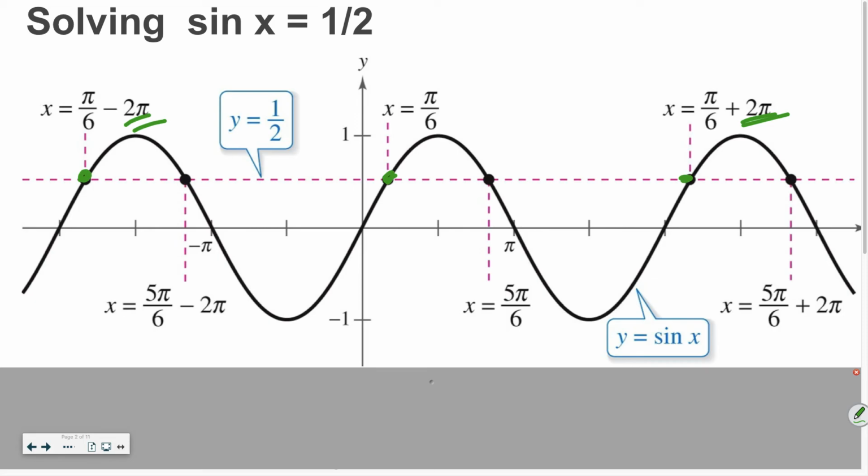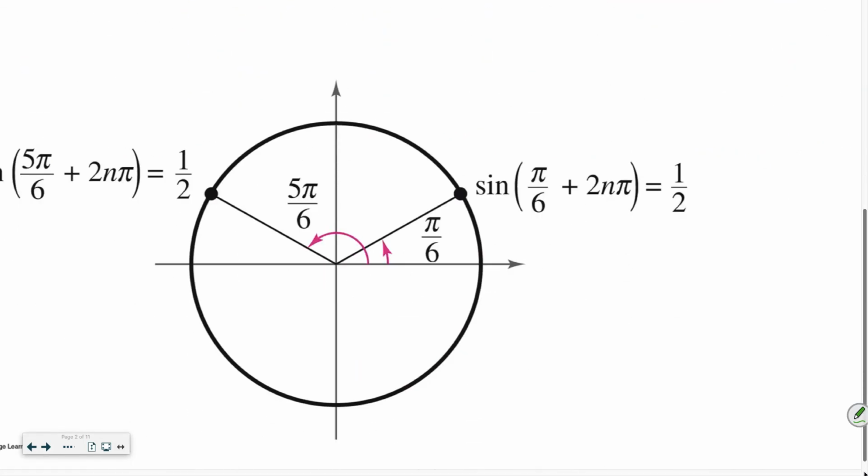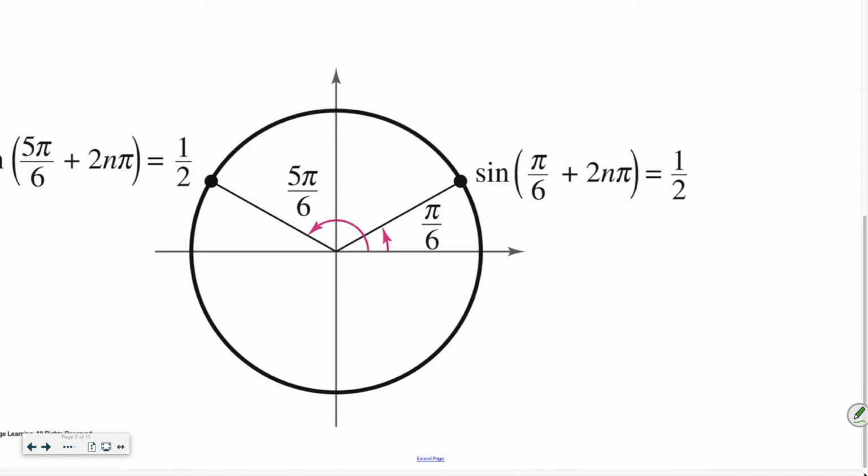Kaden, let's think about the unit circle. Okay. There are 2 places on the unit circle where the sine is 1/2. It happens at pi over 6, and it happens at 5 pi over 6. But then we can rotate around the unit circle, 2 pi, over and over and over again, and we have an infinite number of coterminal angles where the sine is 1/2.